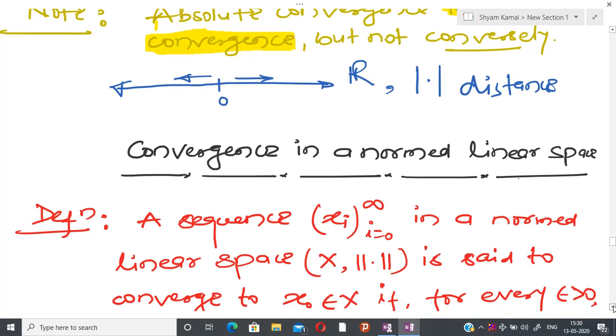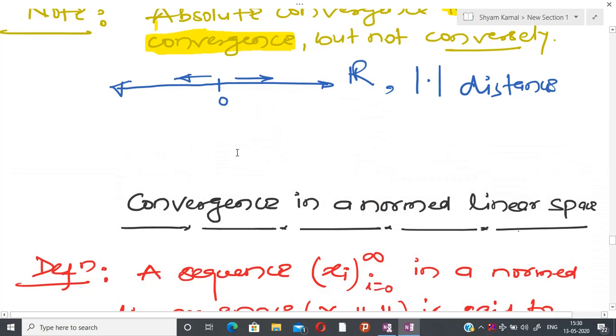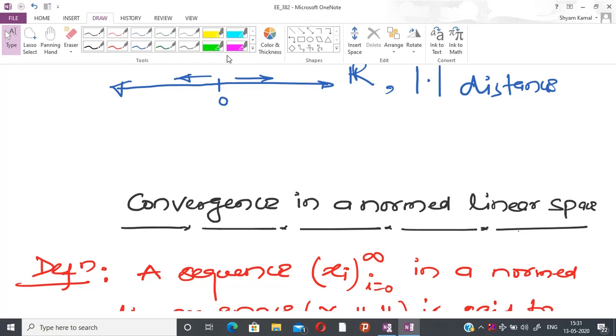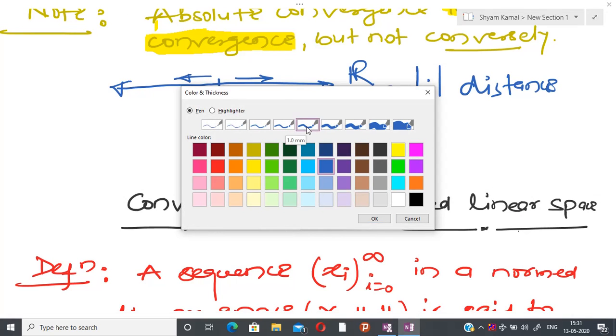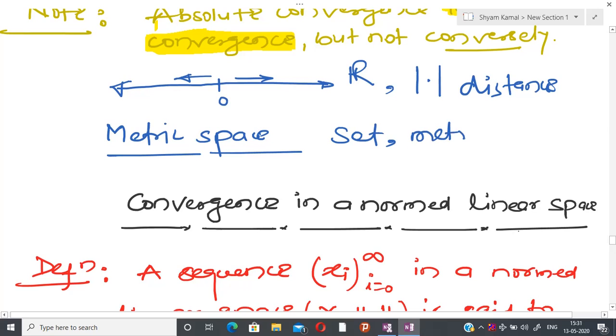If you are willing to talk about convergence in metric space, at that time you have to define the distance in terms of a metric. So in a metric space we have a set together with a distance, that is called a metric.